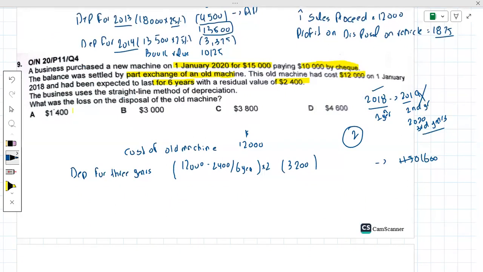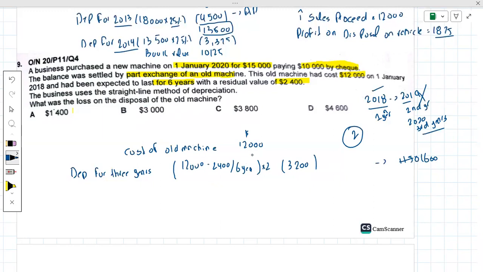The business uses the straight line method of depreciation, and there was a loss on the disposal of the old machine. So basically, we have to find out the depreciation for the old machine, not for the new one. Okay. So what was the cost of the old machine?